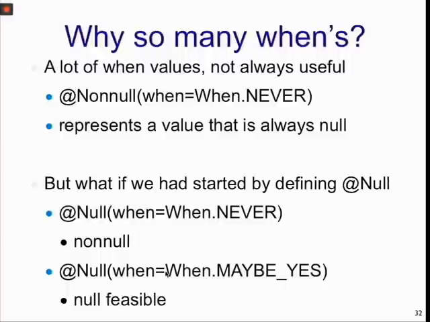Do you start with null, or do you start with non-null as your building block, and then build up the other things around it? And if you started with null, then you'd want null when equals never to reflect a value that's non-null. And you'd want null when equals maybe yes to represent null feasible.